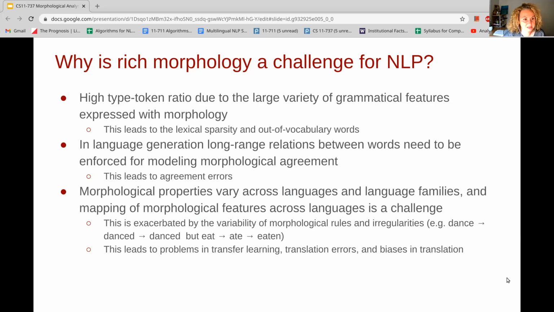So to summarize, main challenges for processing morphologically rich languages are high sparsity, errors in generation, for example, caused by the need to enforce agreement between words, and the differences in morphological properties across languages that are difficult to map across languages.